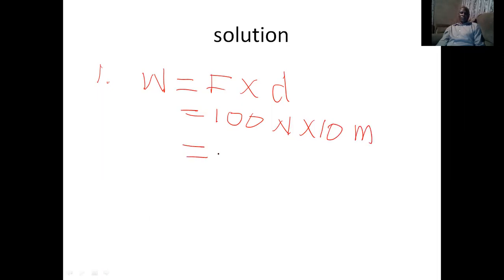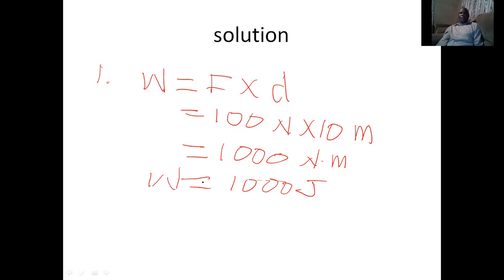And so this gives us 1000 newton meters, which is equal to 1000 joules. So we have calculated the first part. We have found the work by merely multiplying the force and the distance.